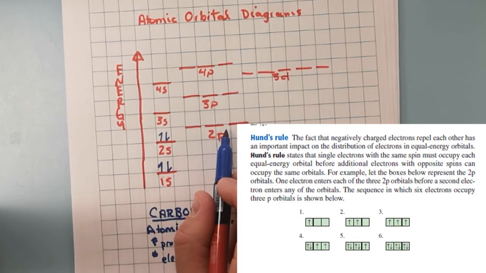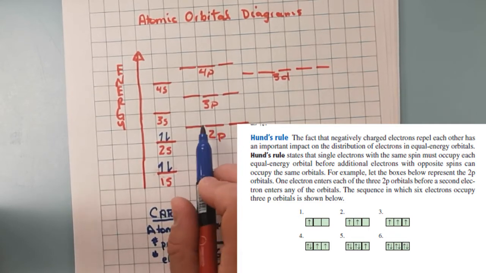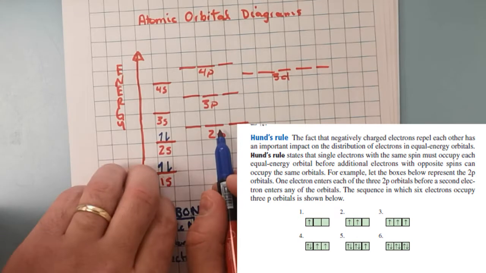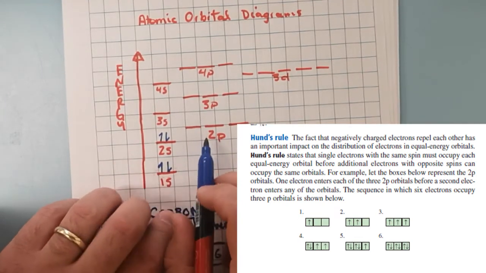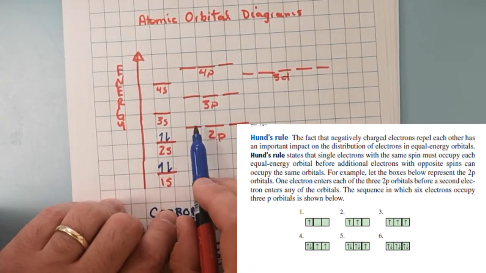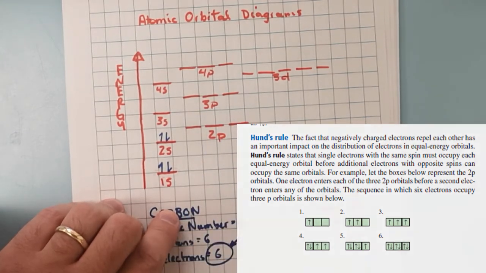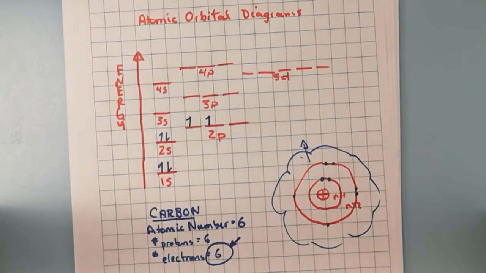Hund's rule states that single electrons with the same spin must occupy each of these equal energy levels before they start to pair up with opposing spin. This would be similar to if you and your friends went on vacation. If there were 3 beds, you'd probably each take your own separate bed or your own separate room before you started doubling up. This would be the atomic orbital diagram of carbon.